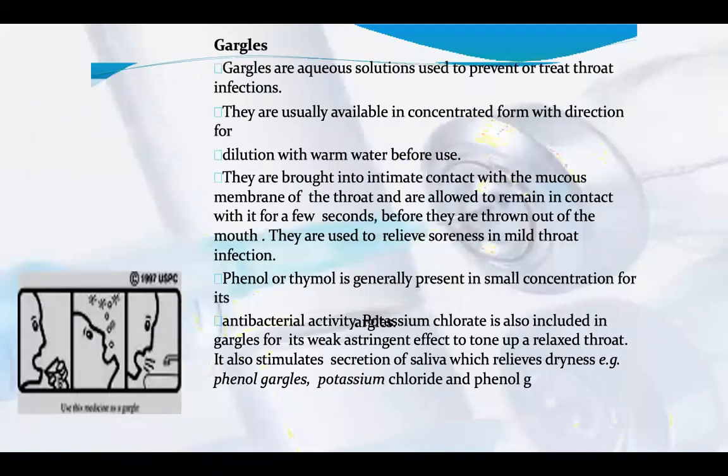Then gargles. Sometimes you use gargles when you have a sore throat. So you have gargles or mouthwashes. Gargles are aqueous solutions used to prevent or treat throat infections. They are usually available in concentrated form with directions for dilution with warm water before use.